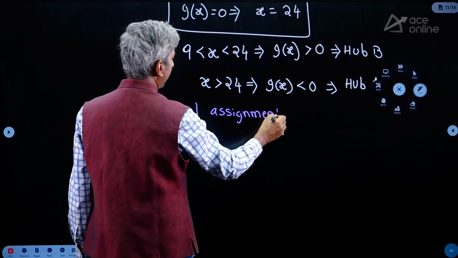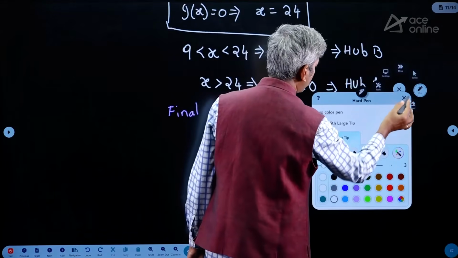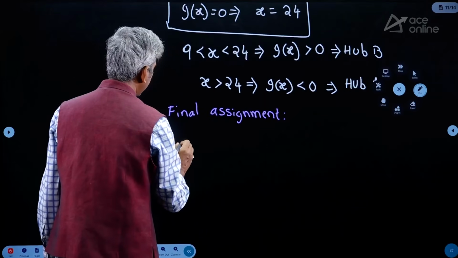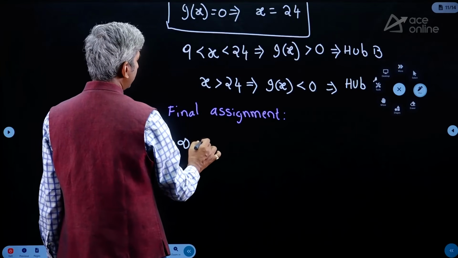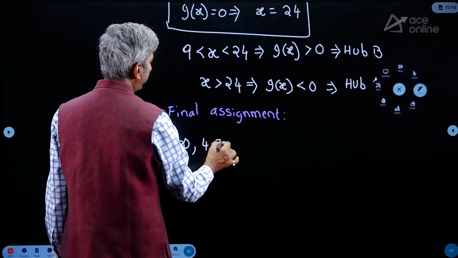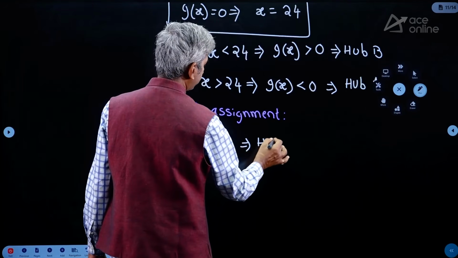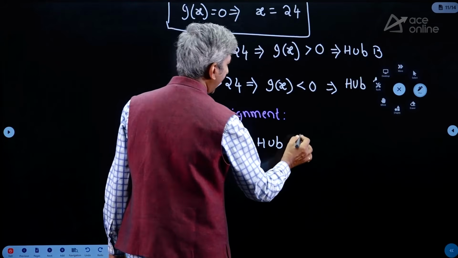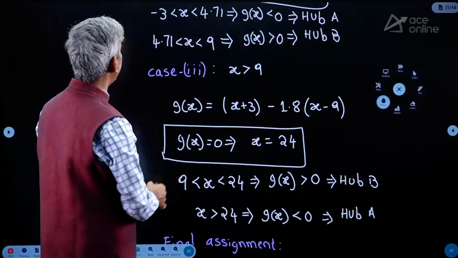Combining case 1 with case 2, any value of x in between minus infinity to 4.71 is assigned to hub A. Now combine case 2 with case 3.